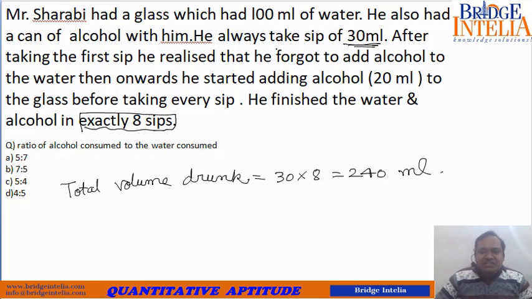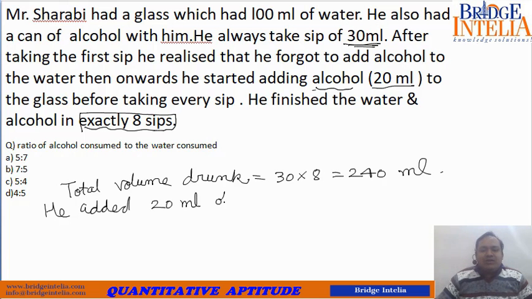After the first sip, he started adding 20 ml of alcohol in his glass. So it means he added 20 milliliters of alcohol 7 times. So he has done this 7 times.